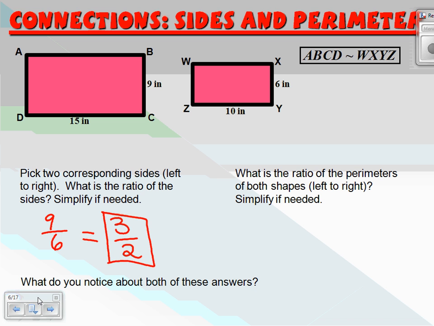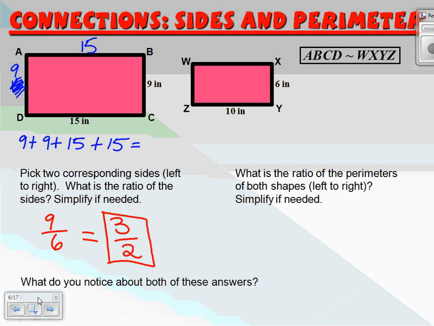That's going to be 9 on the left side. That's going to be 15 on the top. So what I'm going to do is just simply add them all together. 9 plus 9 plus 15 plus 15.